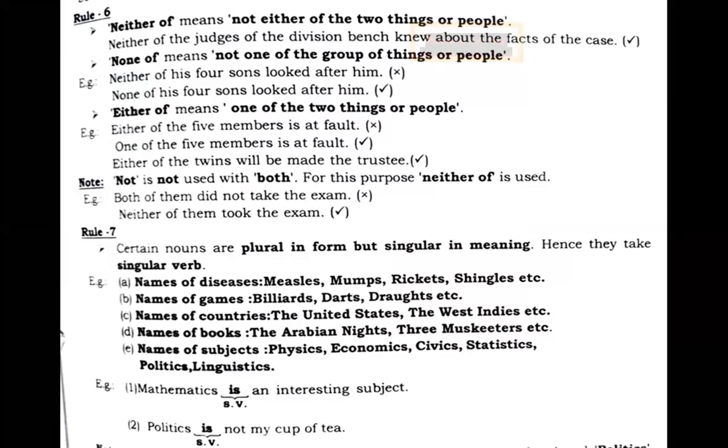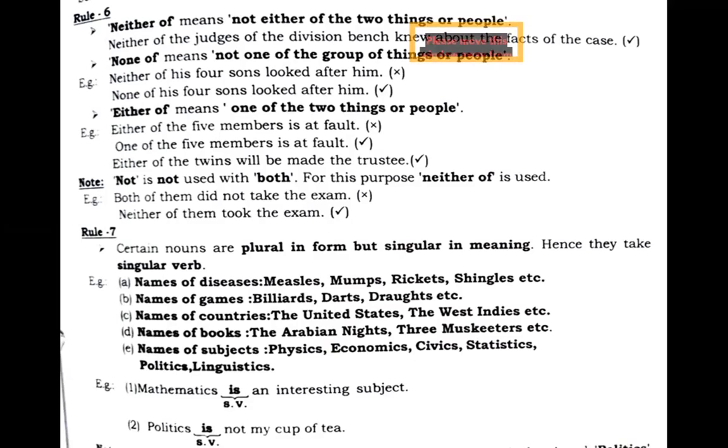But when you talk about not one of a group or more than two, there you use none of. So if you use "neither of his four sons" there, it will be a wrong sentence. You will apply "none of his four sons looked after him." If you talk about not even one out of more than two, then none is there. If you talk about not one out of two, neither is there.